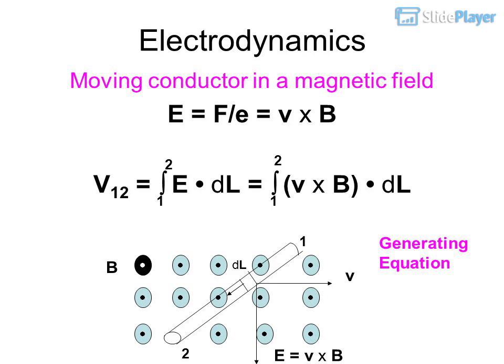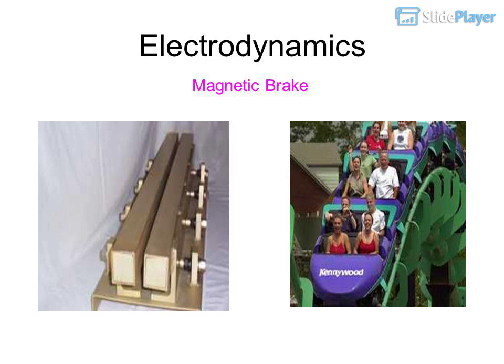E equals F over Q equals v times B. V12 equals the integral from 1 to 2 of E dl equals the integral of (v times B) dl. The generating equation: E equals v times B.